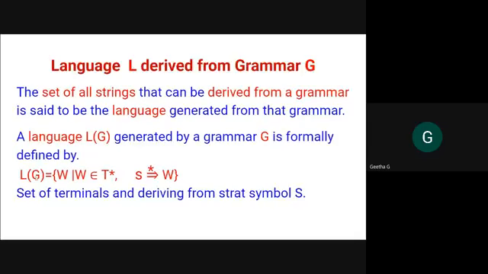What is a grammar? A grammar contains non-terminals, terminals, production rules, and a start symbol. The terminals and start symbol define a language. W contains only terminals, and the string is generated from the start symbol. These are the two conditions for a language, so you have to remember this terminology.